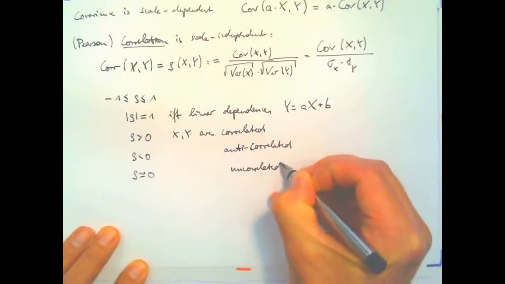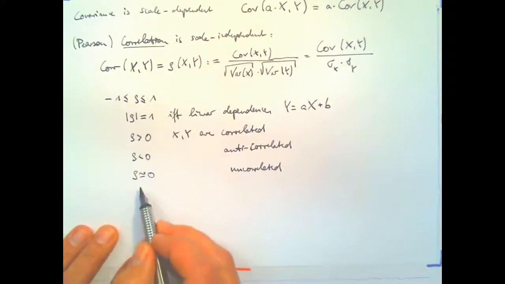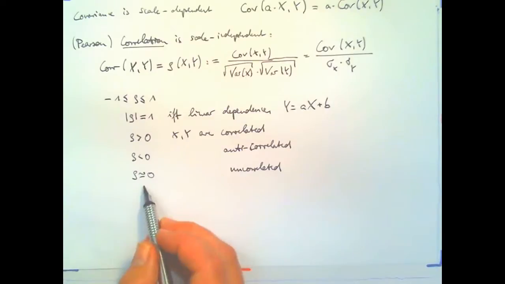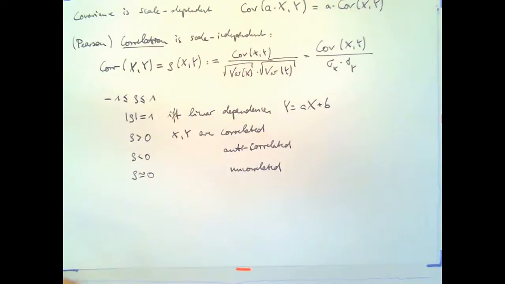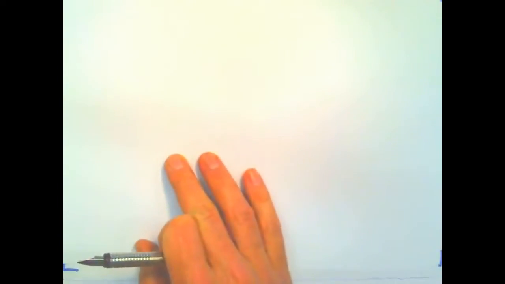And that is, of course, an interesting case. There are many statistical hypothesis tests that try to establish if a correlation is really exactly 0 or not, because if it is, that can lead to dramatic simplifications in your model. Another important notion is that of independence.